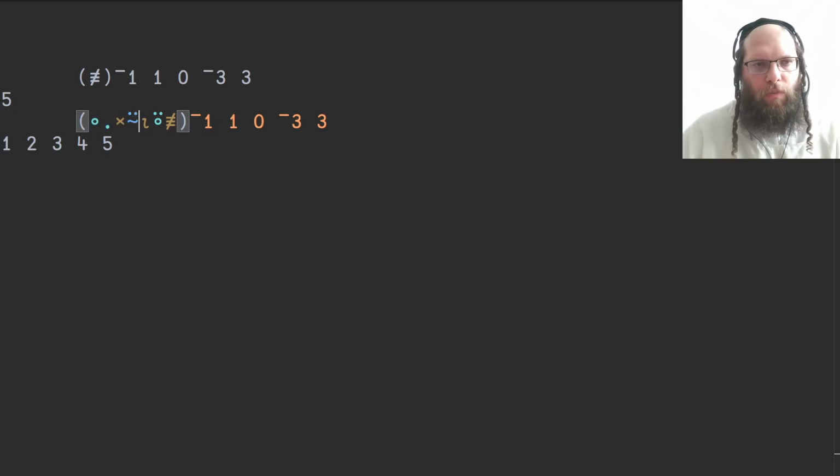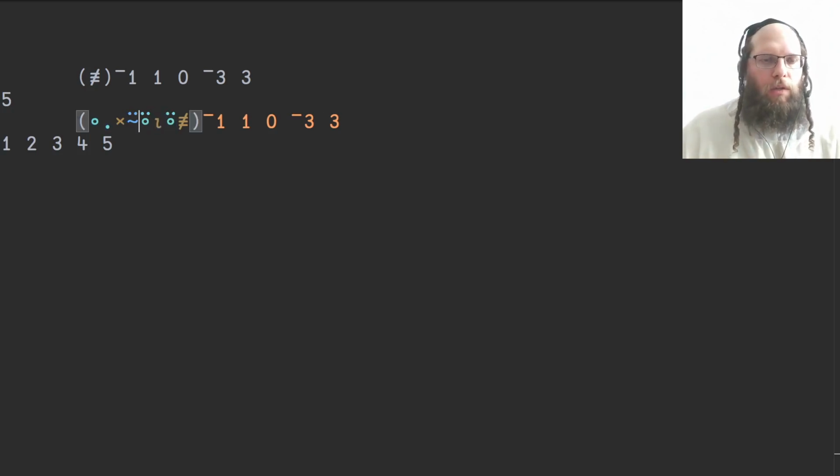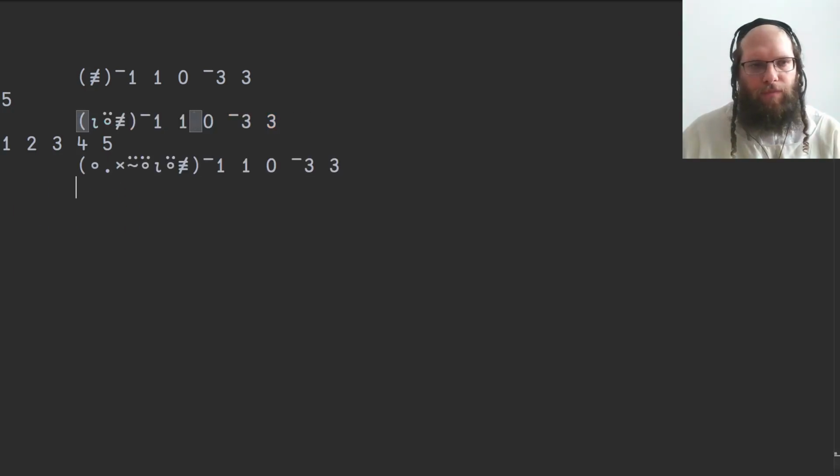So we do that with this higher order function, which takes one argument and applies it on both sides. And then we glue it together with the other two to make a single derived function, which is the multiplication table of the indices of the length.